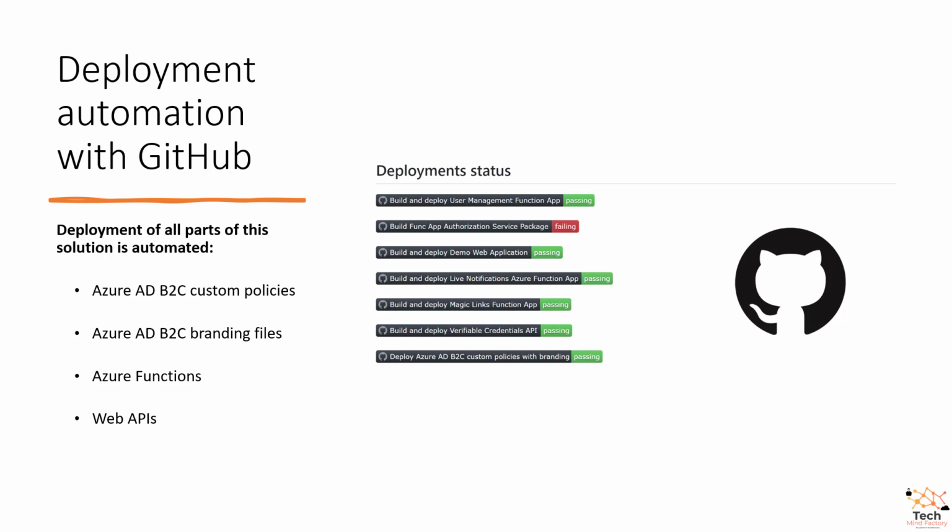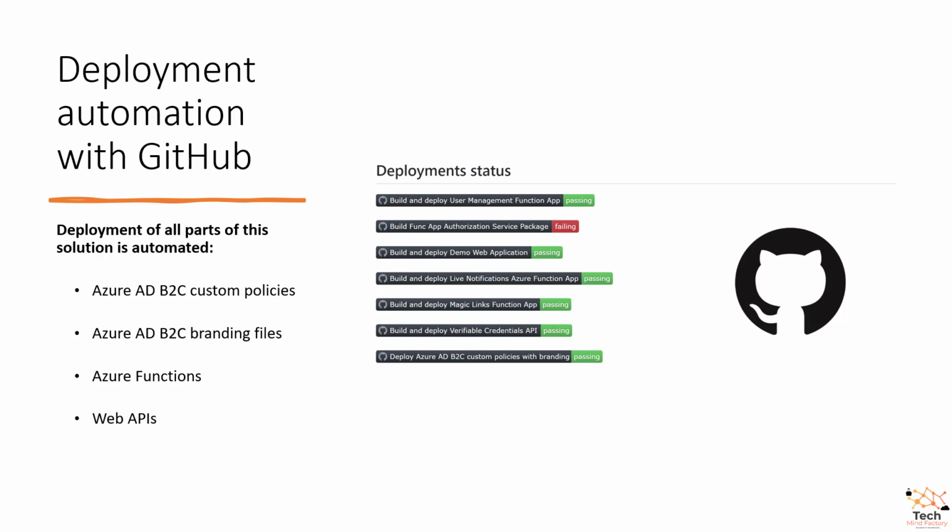I automated deployment of Azure AD B2C branding files, so those HTML and CSS files. I automated deployment of the source code, so to be more specific, packages for Azure functions. So all those functions like user management functions, magic links functions, and so on. All those functions are deployed automatically using GitHub.